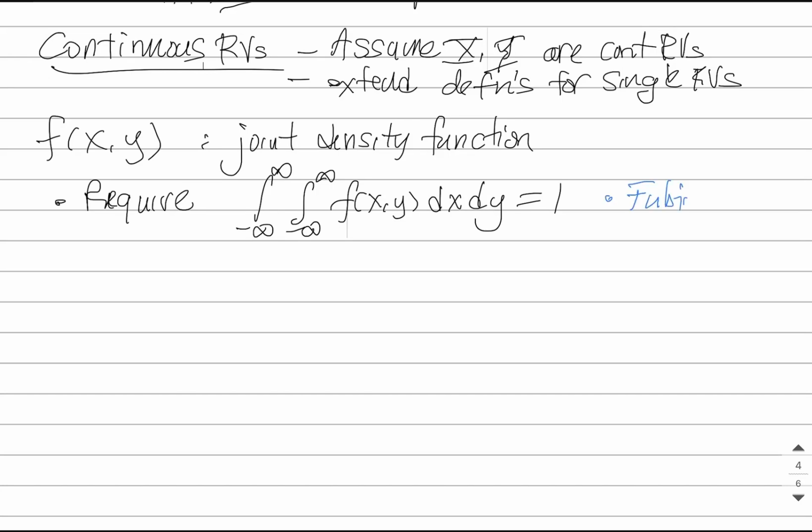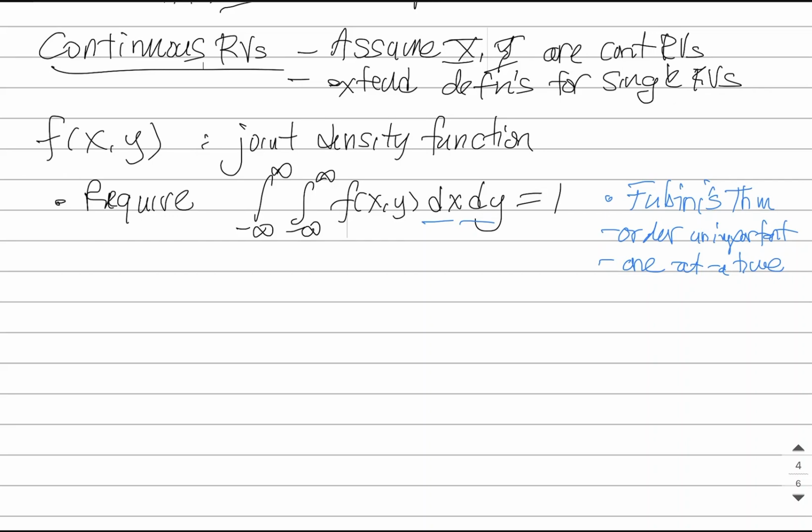In multivariable calculus, you learn about something called Fubini's theorem. It essentially says that the order in which you integrate these functions is irrelevant, provided that your function is continuous and nice. And it also says that you can do it one variable at a time. So the order is unimportant, and you can do one at a time.